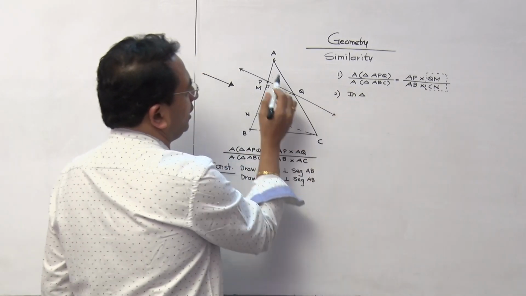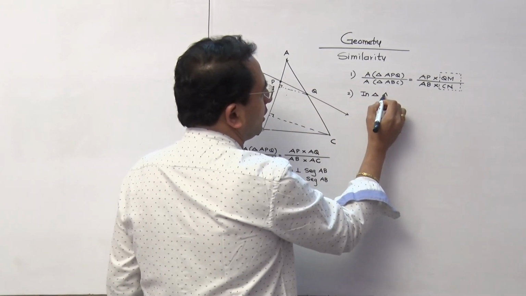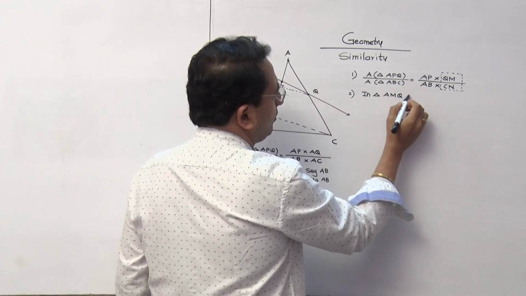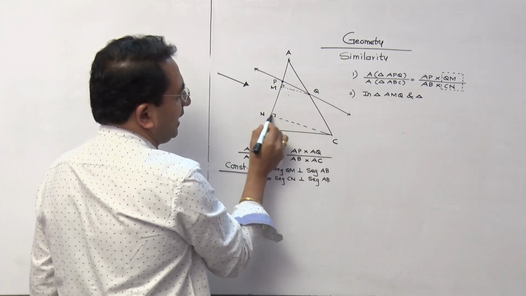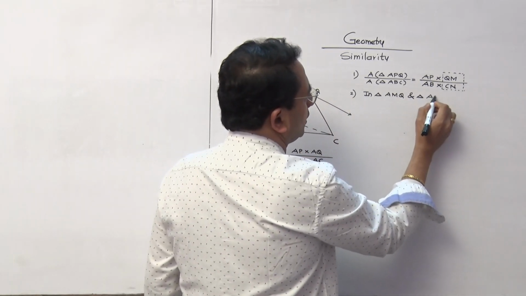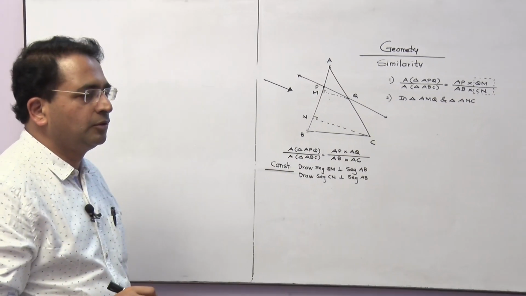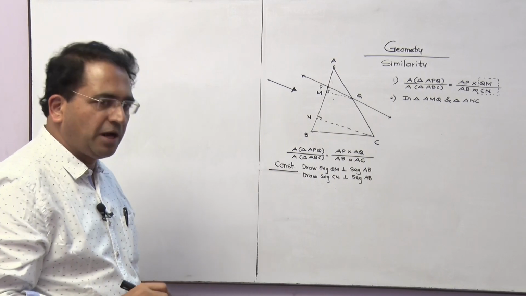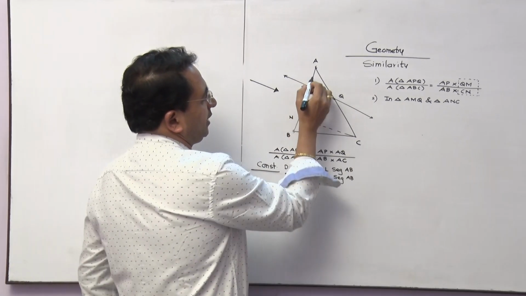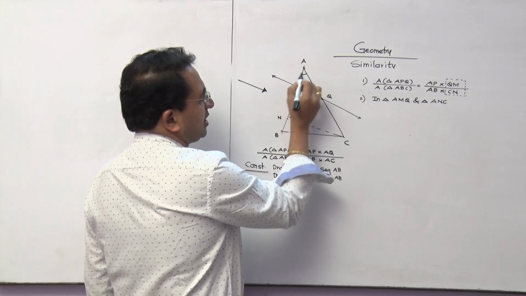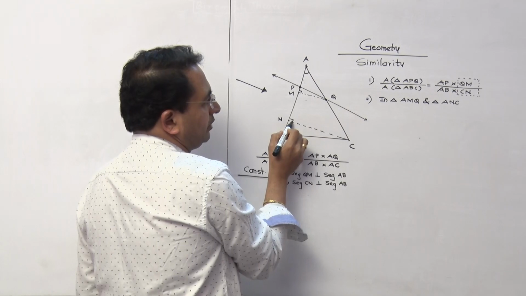Now I am writing it like this. In triangle AMQ and triangle ANC, I think the triangles are proved similar by using a test of similarity. Now tell me, angle A is same or not? And these are both 90-degree angles.